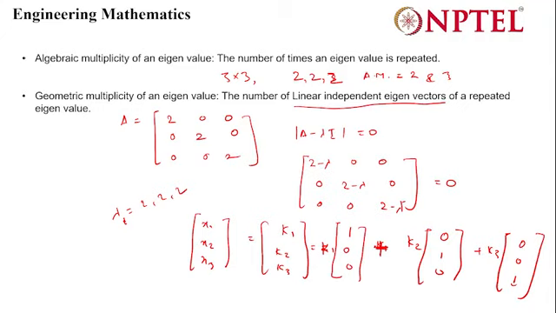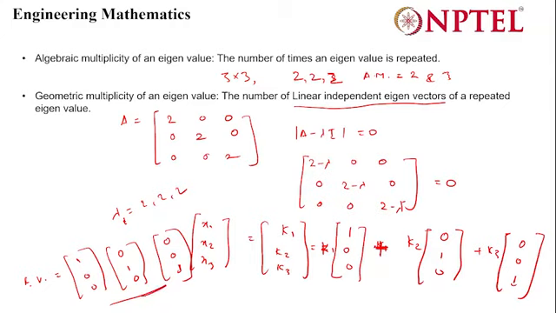Yeah, ma'am. Okay, everyone understood? Okay. So from here, you can get your 3 eigenvectors. So your eigenvectors will be 1, 0, 0, 0, 1, 0, and 0, 0, 1.